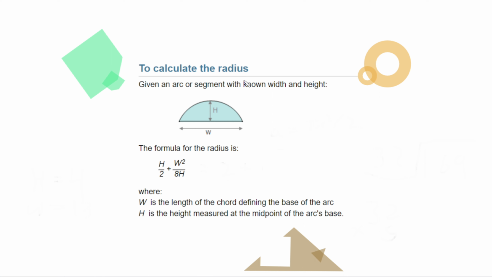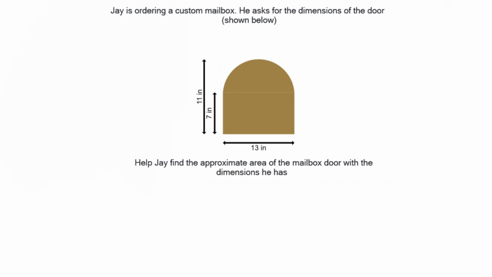So we have our width, it's 13 inches, and our height is easily figured out because 11 minus 7 is 4. And 7 inches is the height of the square portion. So to find the semicircle portion, we just have to do the entire thing minus the square.